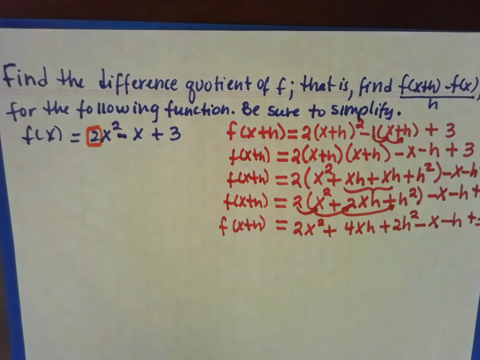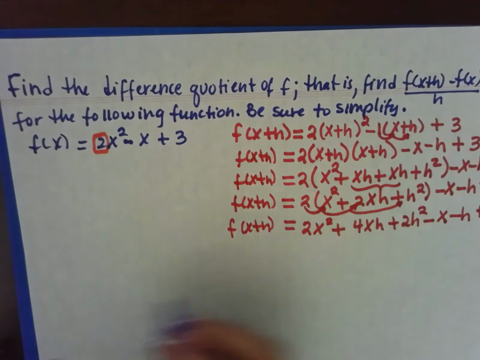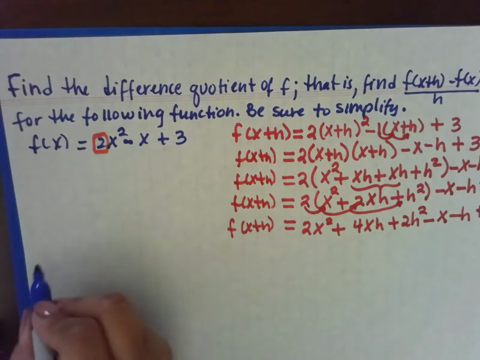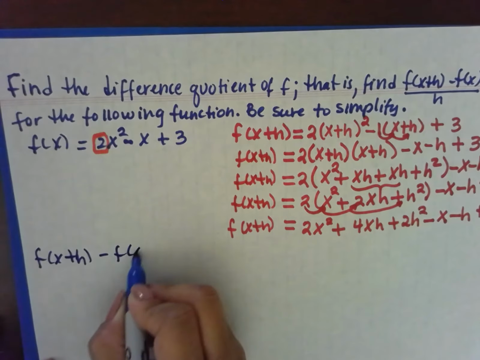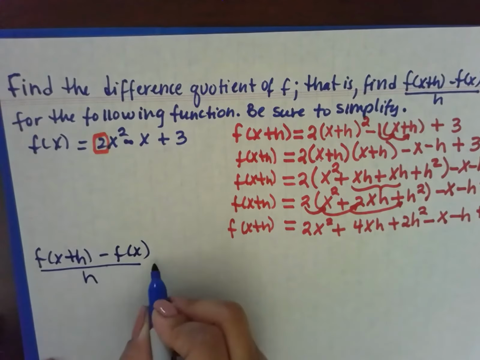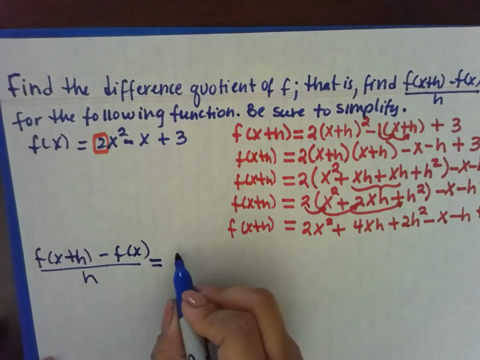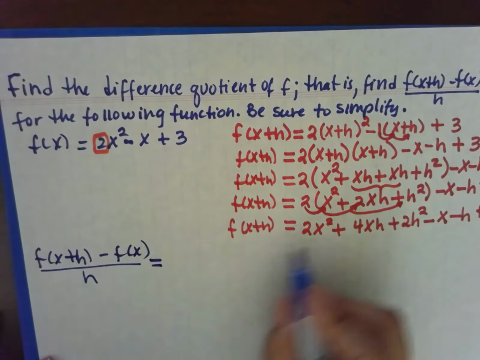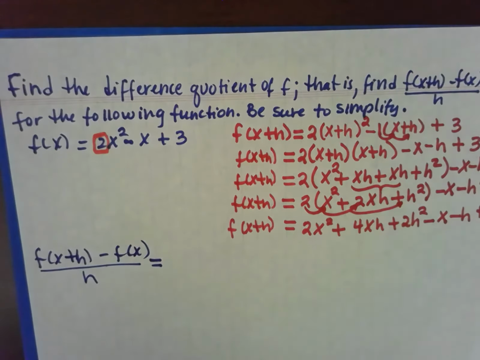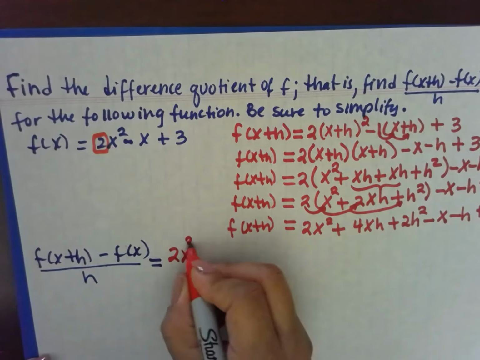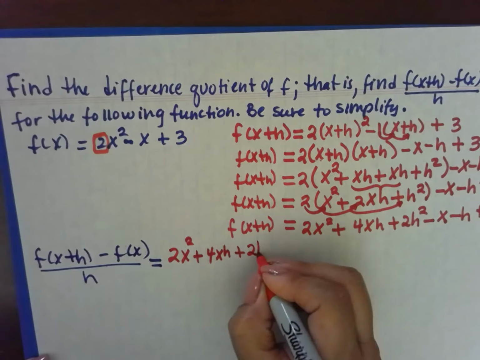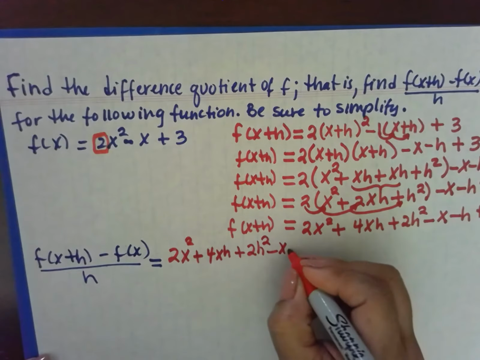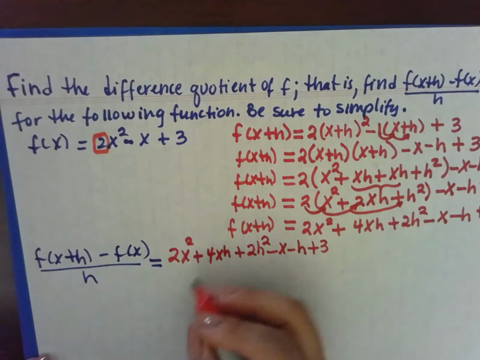So now we're ready to replace those values into the difference quotient. So this is the difference quotient. We'll recall it is f of x plus h minus f of x over h. So we'll replace the first function, f of x plus h, that we found to be 2x squared plus 4xh plus 2h squared minus x minus h plus 3.